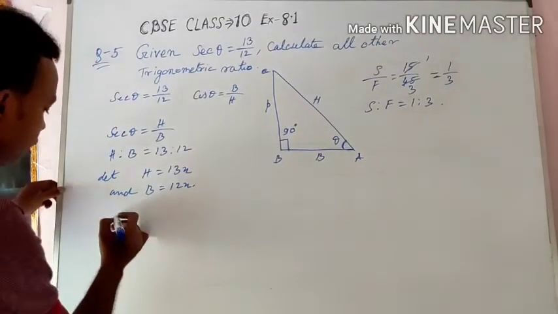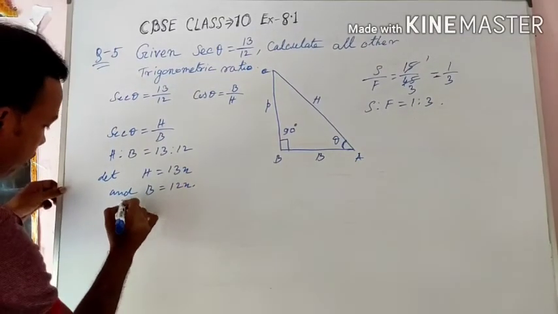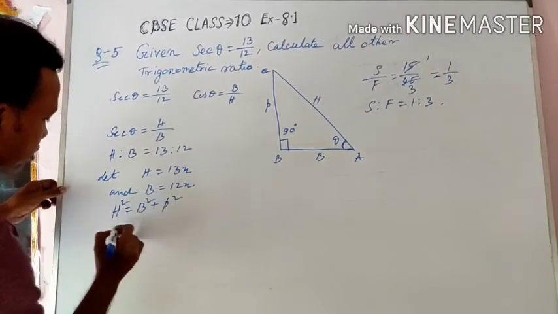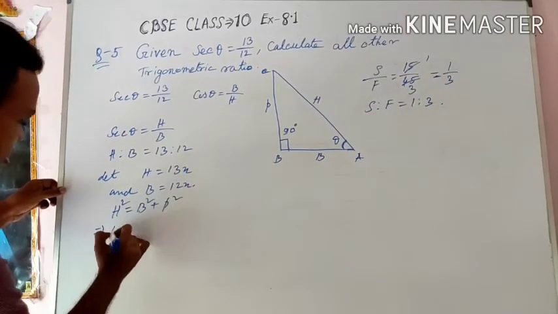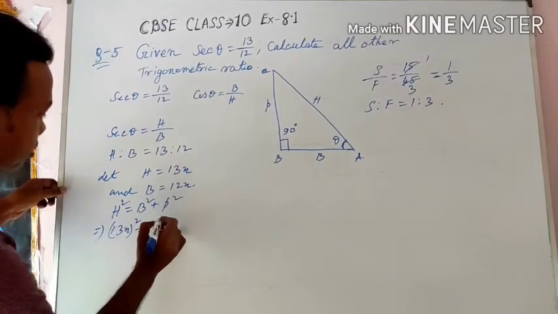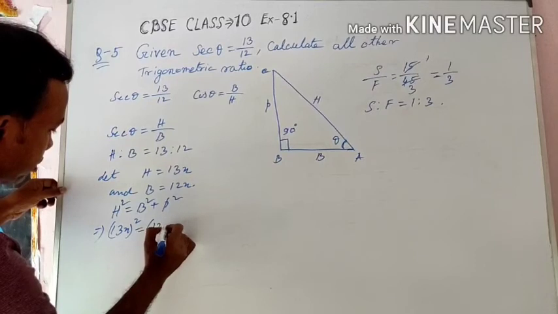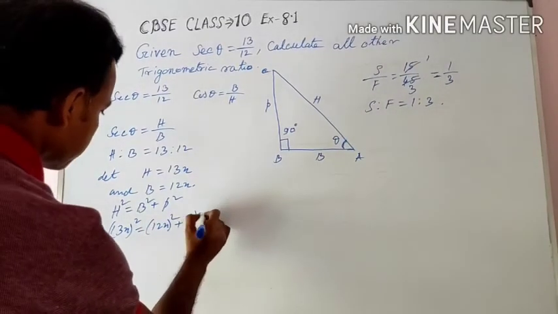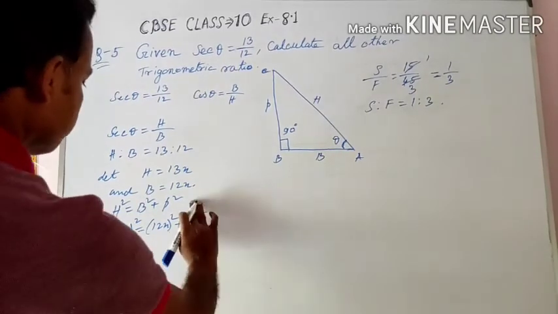So according to Pythagoras theorem, we can write hypotenuse square is equal to base square plus perpendicular square. Put the value: hypotenuse is equal to (13x) square, base is equal to (12x) square, plus perpendicular square.